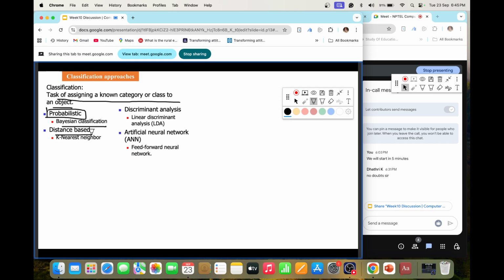Then the distance based mode, where we have KNN, or K nearest neighbor. Third, we have discriminant analysis, for which we have LDA, or linear discriminant analysis. And fourth, we have the artificial neural network, for which we have the feedforward neural network. So these are the four different classifications discussed in this course.